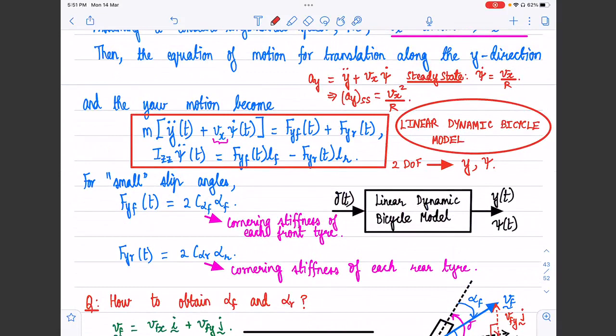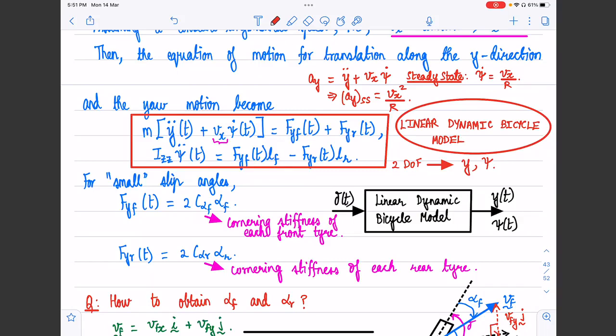That's why I wrote parenthesis t very carefully, and after some time I suppressed parenthesis t. If you look at both these equations, the time varying variables are y double dot, psi dot of t, FyF, FyR, and psi double dot, and they appear in a linear fashion in these equations. So that's why it's a linear bicycle model.